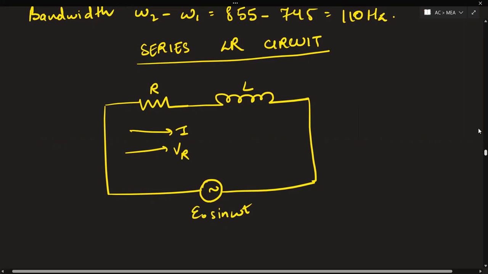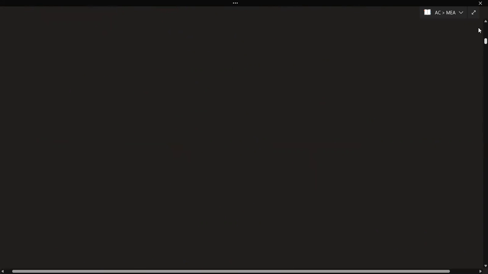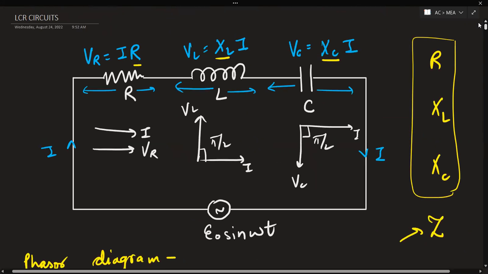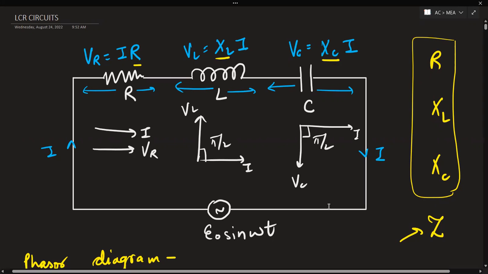This diagram I have repeated so many times, both when doing individual circuits and LCR circuits, at every step discussing which quantity leads which. In a series circuit containing only an inductor, voltage leads by 90 degrees. In a series circuit containing only a capacitor, current leads by 90 degrees. Without this information, how will you be able to solve any of the questions?